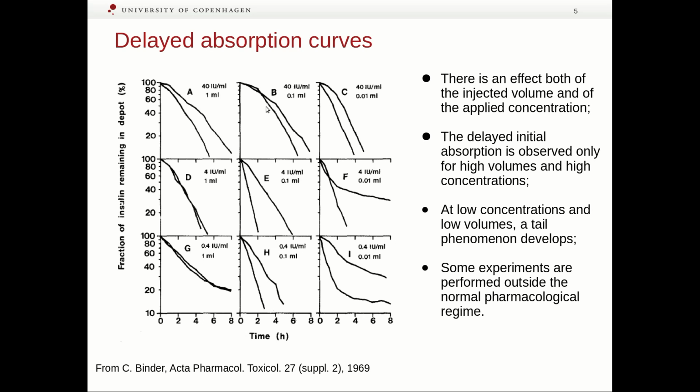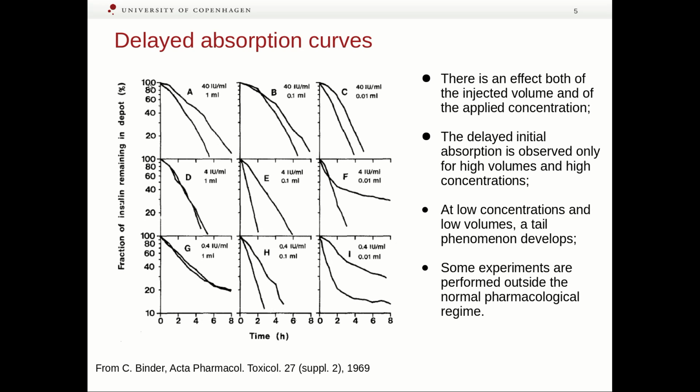And he also looked at what happened as the injected volume goes down to 0.1 milliliter and to 0.01 milliliter. And the strange thing is that both the injection concentration and the injection volume affect the absorption curves.